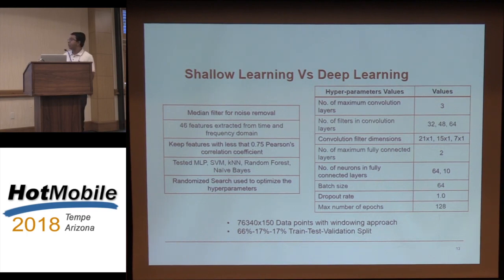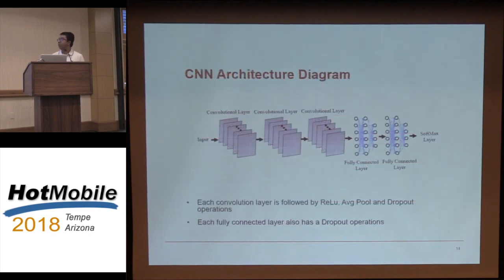Here's a much better visualization of the whole architecture of the CNN model. We tried up to 3 convolution layers and up to 2 fully connected layers. Each of the convolution layers had a ReLU and an average pooling followed by a dropout. The dropout was added so that our model doesn't overfit.